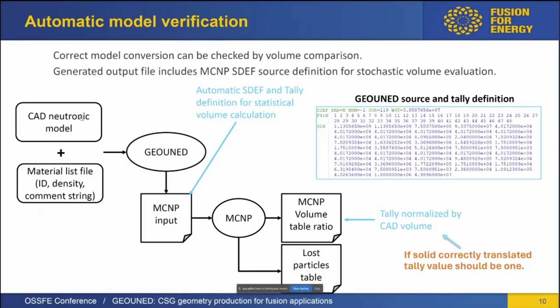So when we add the so-called simplified CAD model in step file with the material list where we have the material IDs and the densities, we throw this into GEOUNED, we produce the MCNP or OpenMC deck, and then as a source that is created at the end, it creates sort of a tally with a list of cells that were created with the SD4 card that populates with the volumes of the solids in the CAD model.